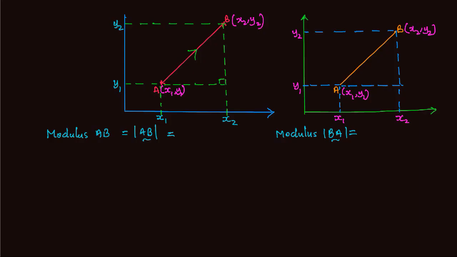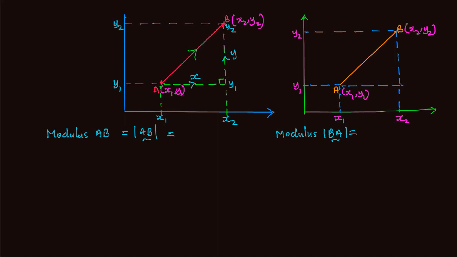We have vector AB, with x as displacement parallel to the x-axis and y as displacement parallel to the y-axis, so that A is displaced from x1 to x2 along the x-axis and from y1 to y2 along the y-axis.